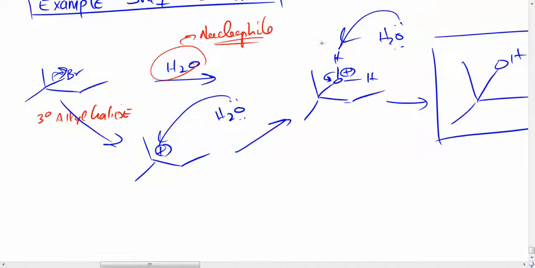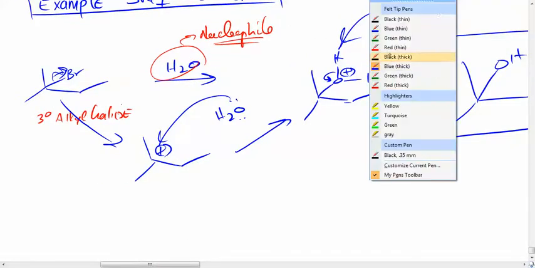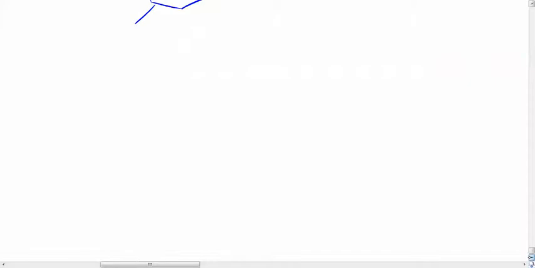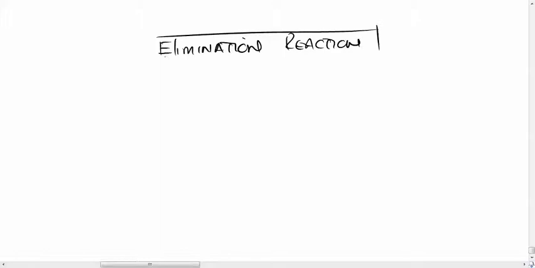Okay, we'll now transition over to the E1 and E2. So we're now dealing with elimination reactions. When we were dealing with the substitution reactions, we said that one group comes in and substitutes for another group, and that we were starting with an alkyl halide.